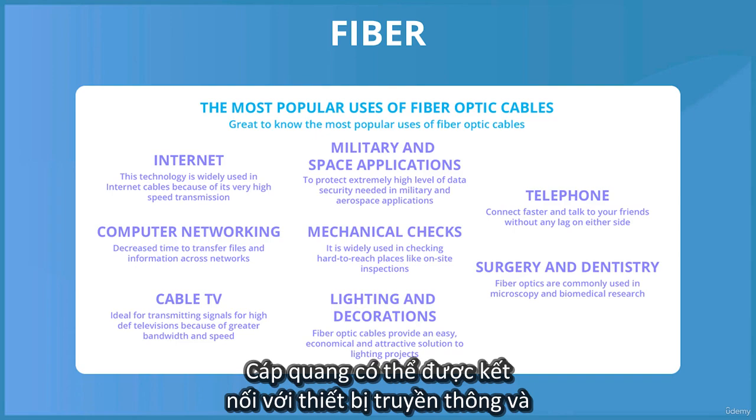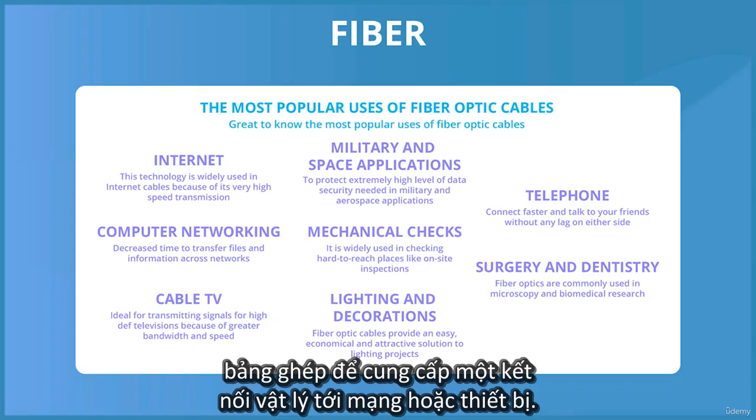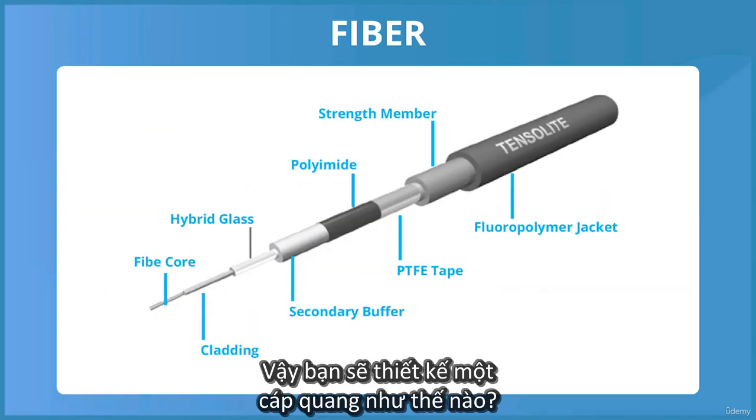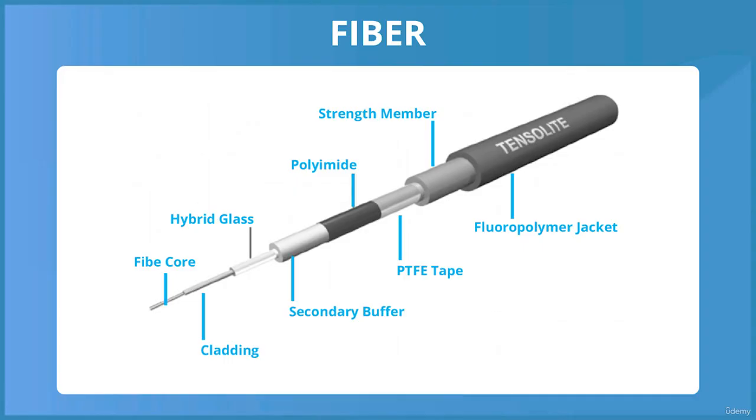Fiber optic cables can be attached to communication equipment and patch panels to provide a physical connection to a network or device. So how would you design a fiber optic cable?